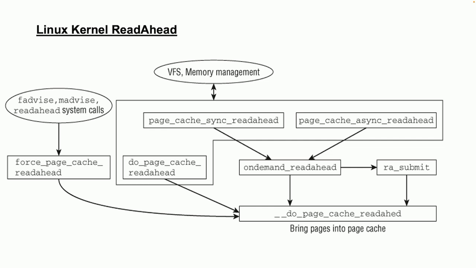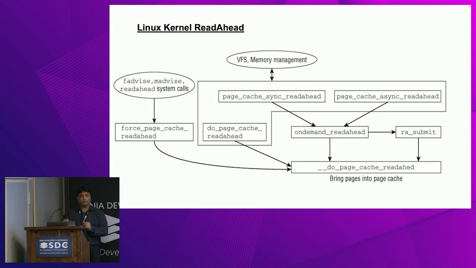As I told you, if the kernel thinks that the heuristics are going right, we are reading sequentially, so maybe it will double the read-ahead window for the next async operation. And at the end, all this goes to do page cache read ahead, which actually calls the filesystem read pages or the folio kind of routines to get the data from the backing store into the page cache.